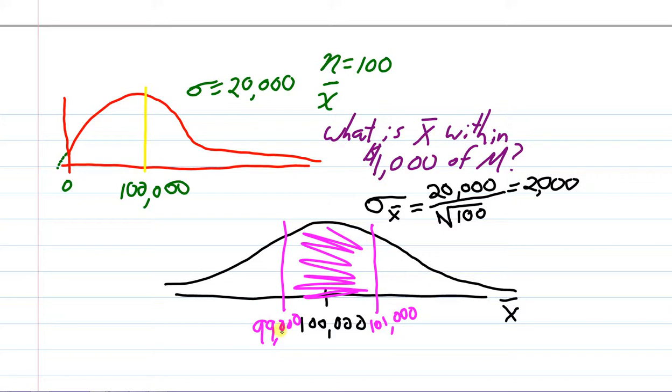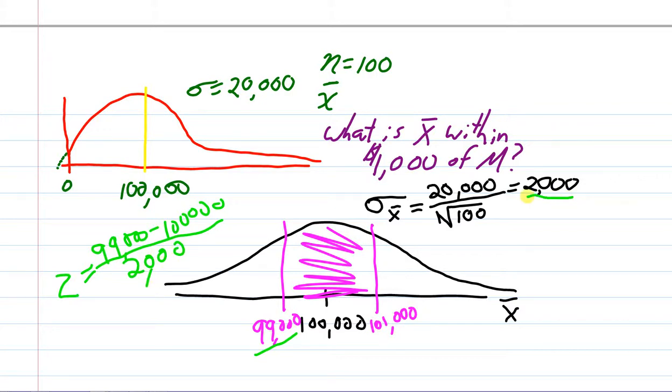So what's the z-score for 99,000? Z equals 99,000 minus 100,000 divided by 2,000. That standard deviation of the sample means.